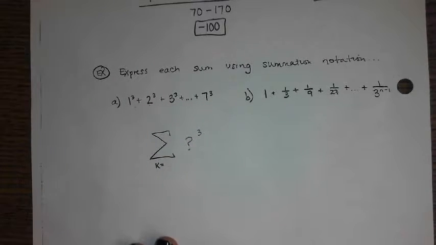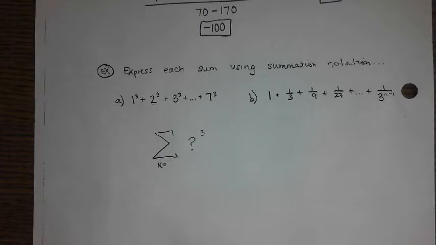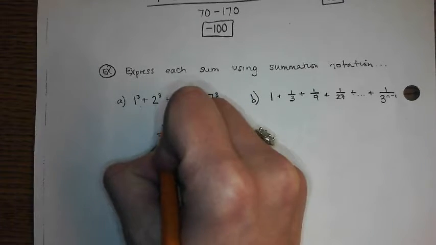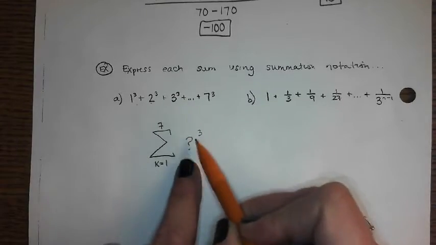Is that fair? Every single term. So starting with what number? What's being raised to the third power first? 1. And we're going to keep doing that all the way up until 7. And so this is what's changing. So this is where your variable comes in.